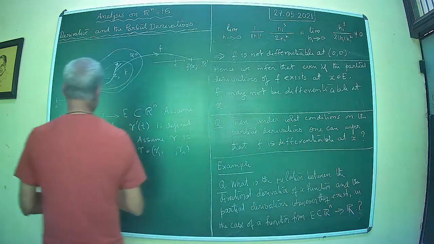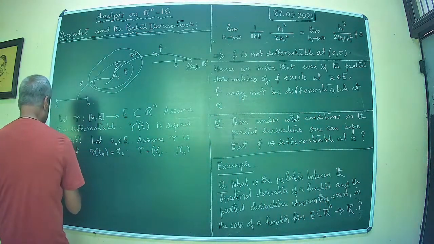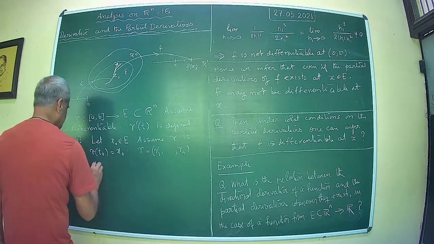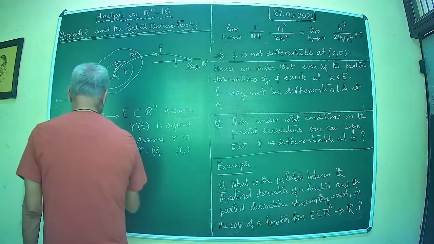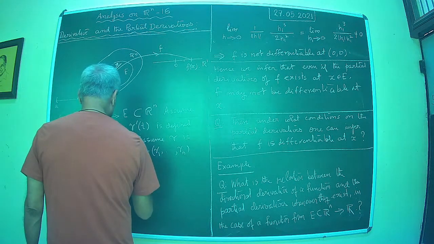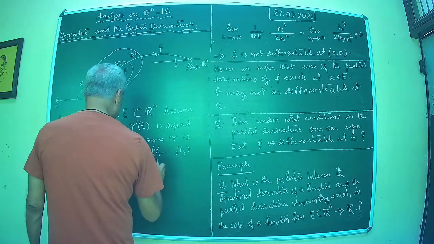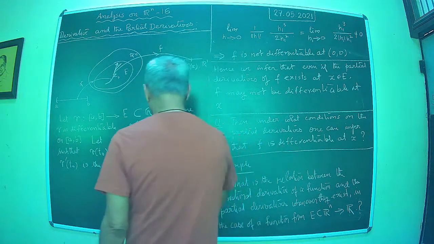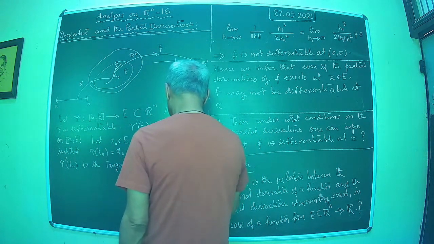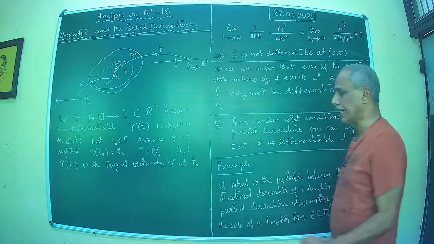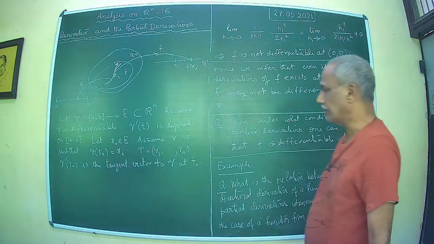Therefore, gamma derivative at t naught is the tangent vector to gamma. So it gives the tangent vector to gamma at t naught.